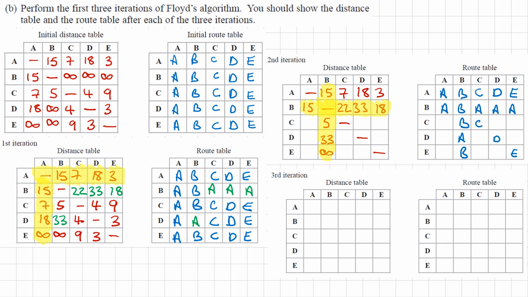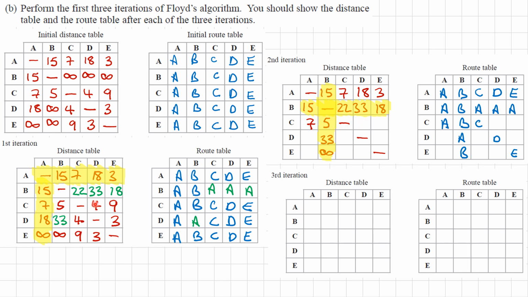Next row, which is going to be the C row, 15 plus 5 is 20. That is greater than 7, so no change here, no change to our letter. That had an A there before, so that stays as an A. This cell here is going to be 5 plus 33, which is 38.